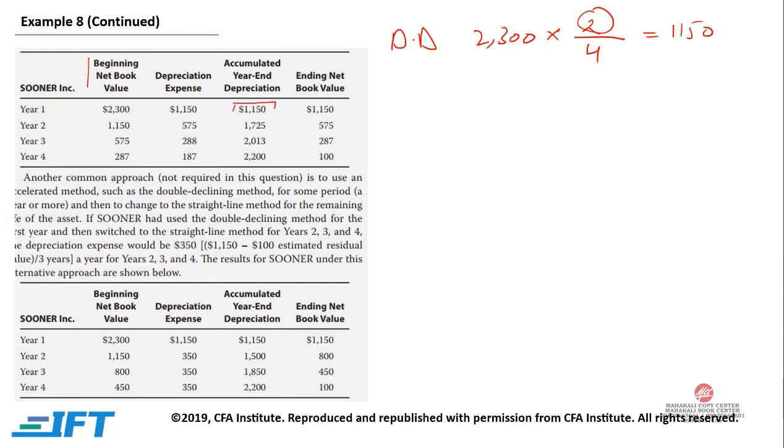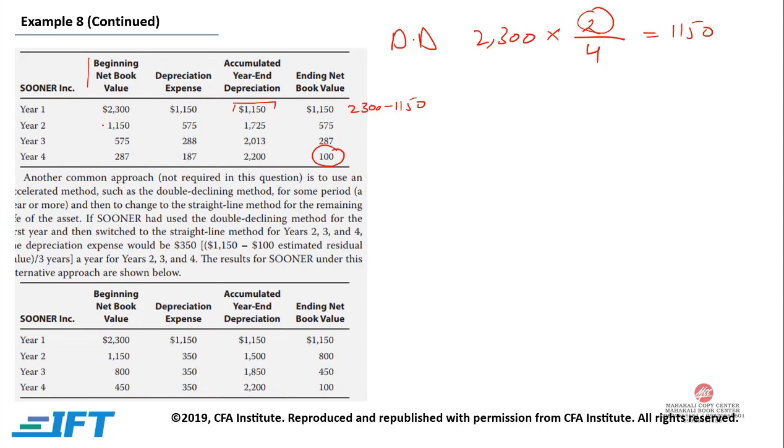So for the first year our depreciation is 1150. Accumulated depreciation at the end of 1 year would be 1150, and net book value would be 2300 minus 1150. Now when we are doing double declining, we need to be sure that in the end this 100 should come. This is the plug-in number because the residual value is 100.